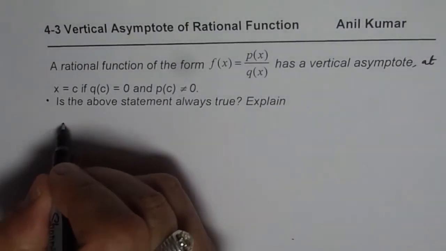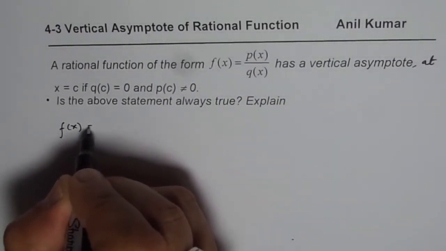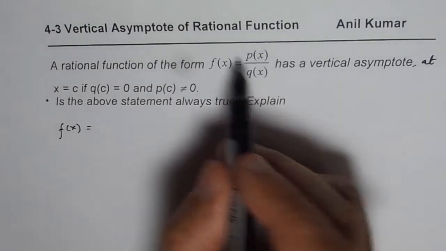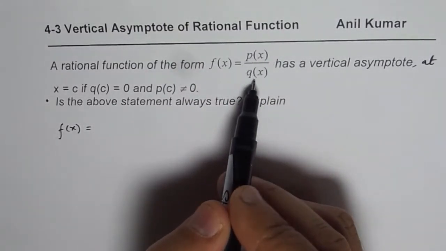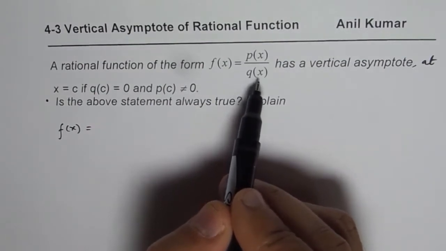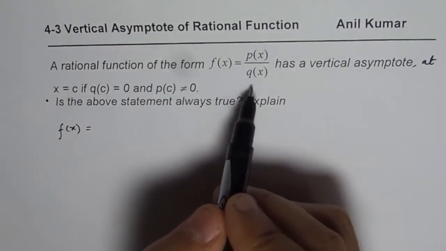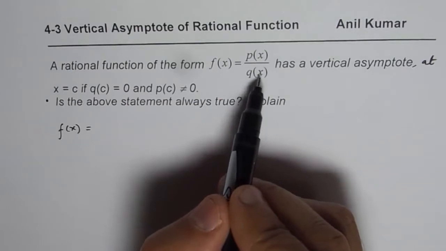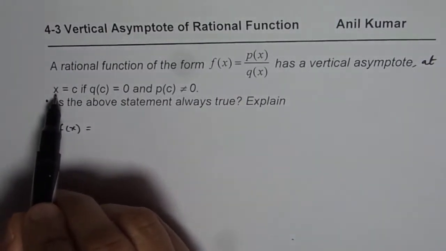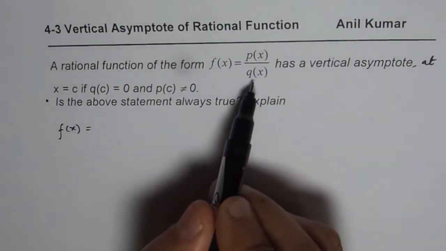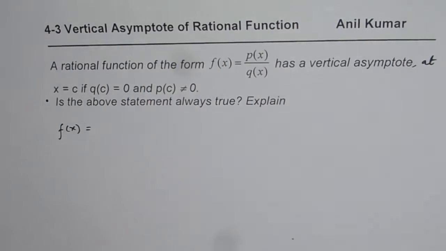It says that f of x is a ratio of two polynomials, and that is what a rational function is. A rational function is a ratio of two polynomials where the denominator is not 0. Now, if the denominator is 0, that is to say that for a value x equals c the denominator is 0, then what happens? Then we say there is a possibility of having a vertical asymptote.